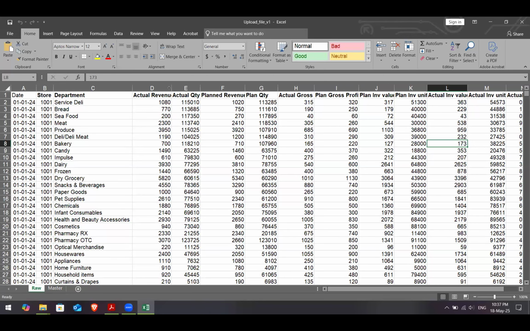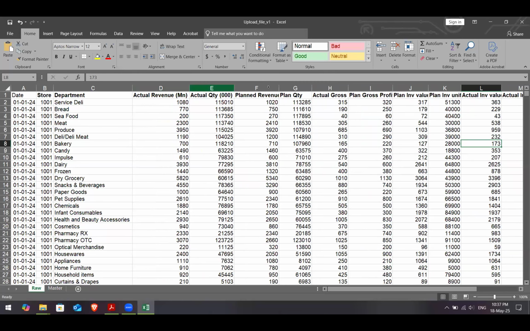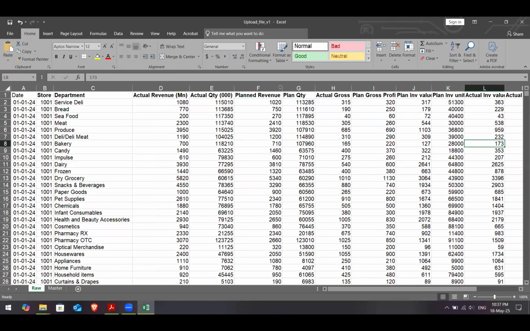So how do we calculate the variances? Our main metrics here are planned and actual. In every organization, they plan a revenue, that we have to generate this much revenue in a certain period of time.